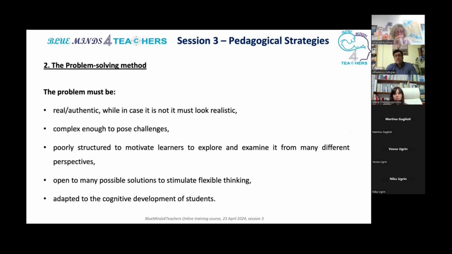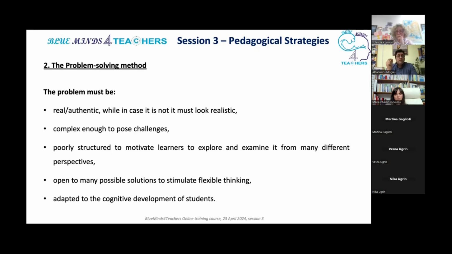The problem must be real. It must be authentic. In case it is not, if, for example, my school is somewhere that there is no environmental problem, then we invent something which must look realistic.